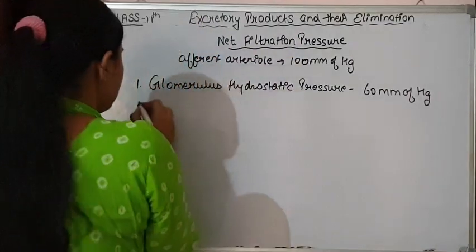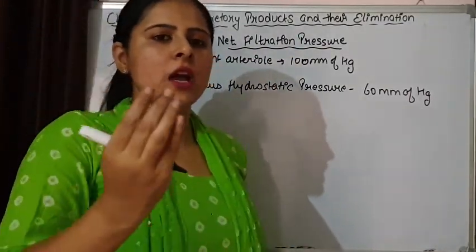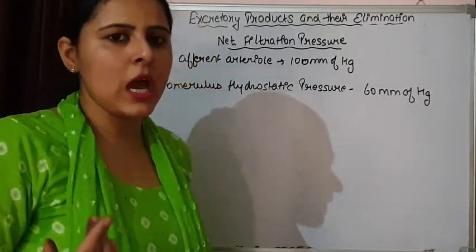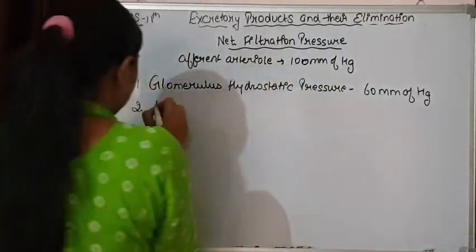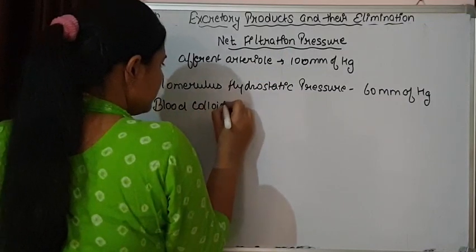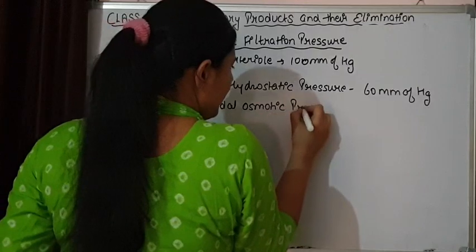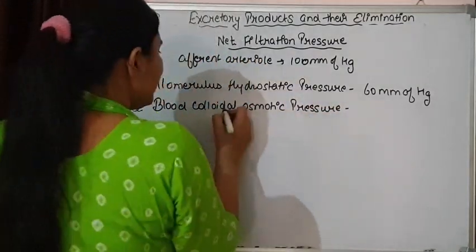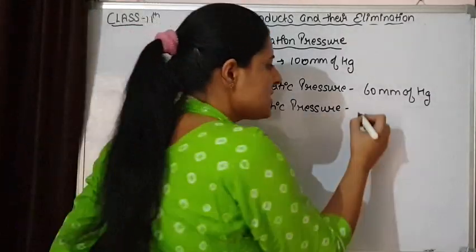The second pressure, now there are two negative pressures that are affecting the filtration, and the first one out of them is the blood colloidal osmotic pressure. What is this blood colloidal osmotic pressure? This is because of the plasma proteins.